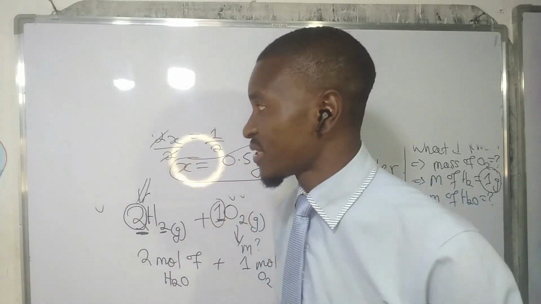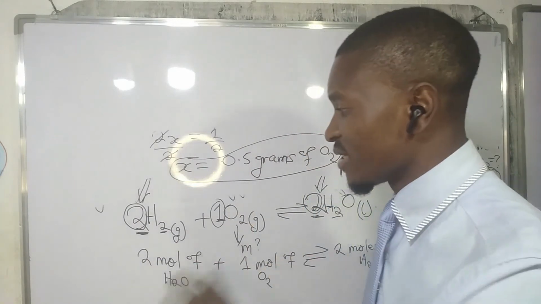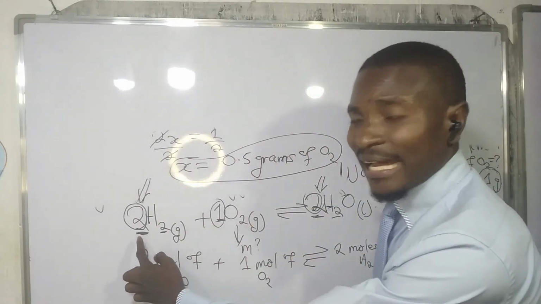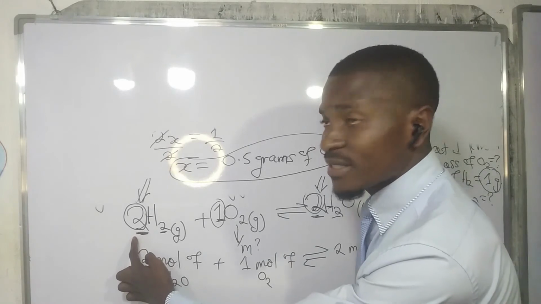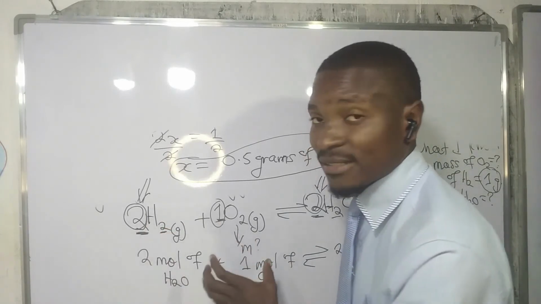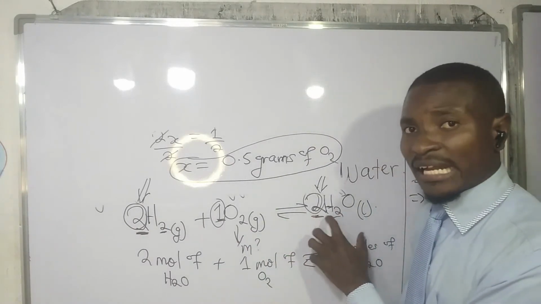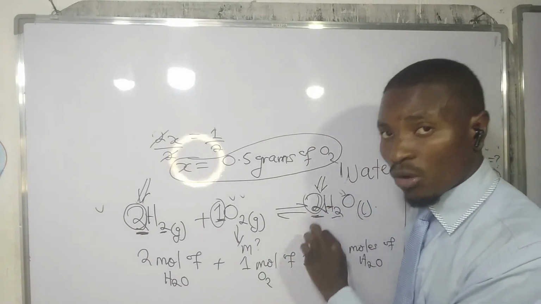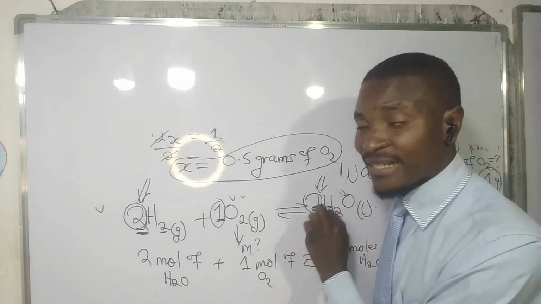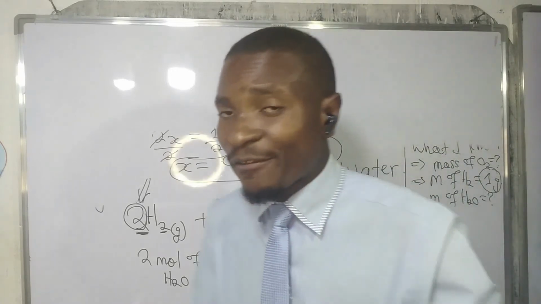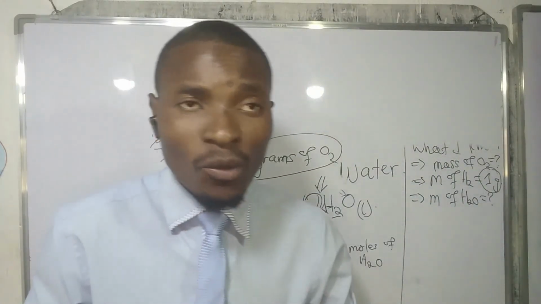What is happening in this reaction is that the number of moles of hydrogen that react is the same as the number of moles produced for the water molecule as a liquid.